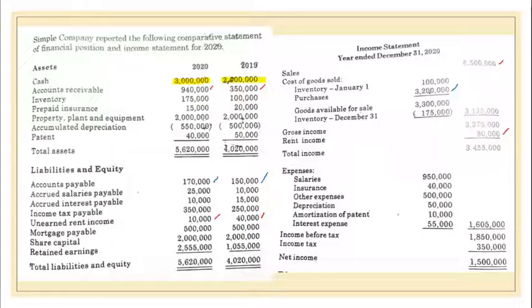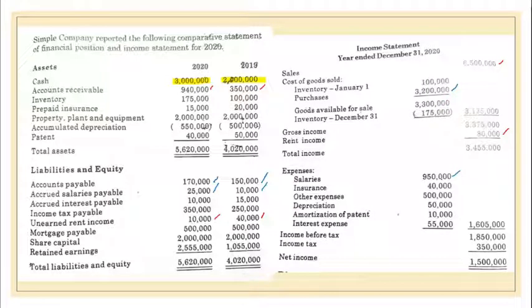Next is, what else is related to our disbursements? So, since we are asking about disbursements, let's ask about our expenses. You have our salaries here, 950. The question here is about our accrued salaries payable. There is an increase of 35.